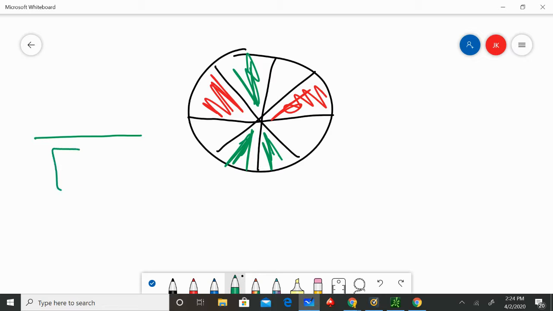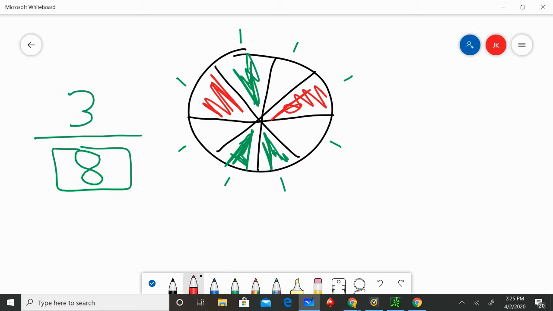We know it goes on the bottom, and the numerator goes on the top. So I want to count how many parts make up this whole. 1, 2, 3, 4, 5, 6, 7, 8. So 8 is my denominator. And the question was, how many parts are green? So I count. 1, 2, 3. So 3/8 of this pizza is green.